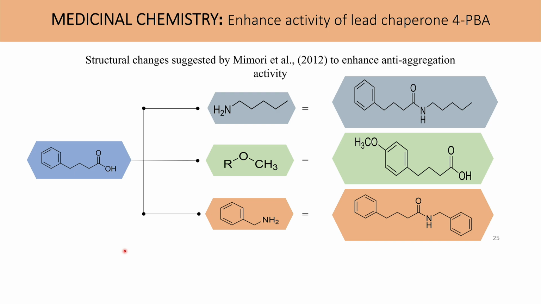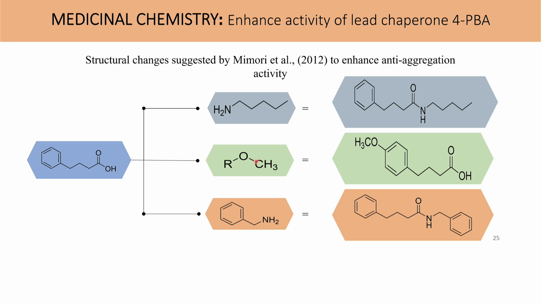He said that we can enhance the anti-aggregation activity of PBA if we increase the aliphatic chain in PBA, if we add a methoxy group at the para position in the PBA, and if we add more electron clouds, benzene rings, to this molecule, it enhances its anti-aggregation activity.